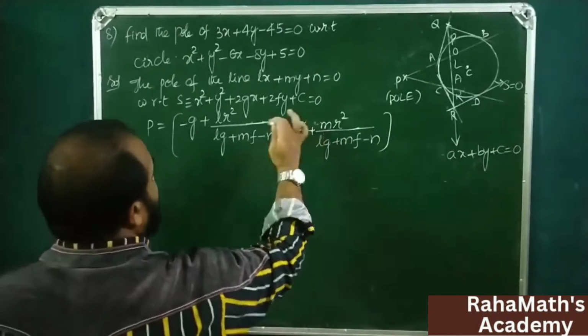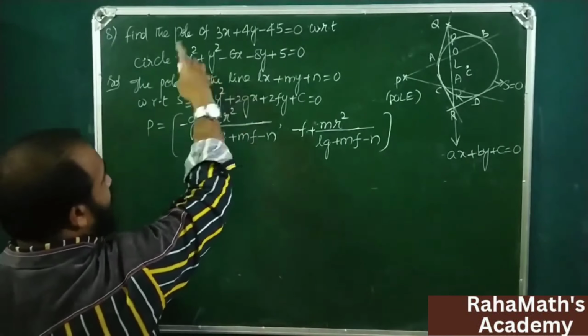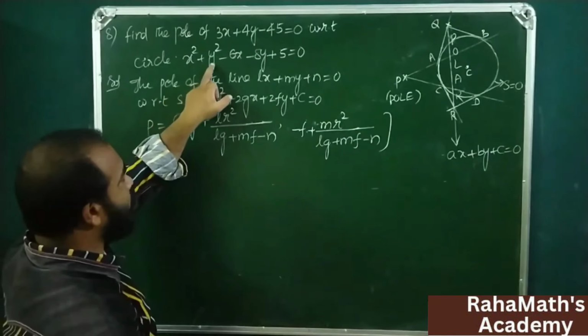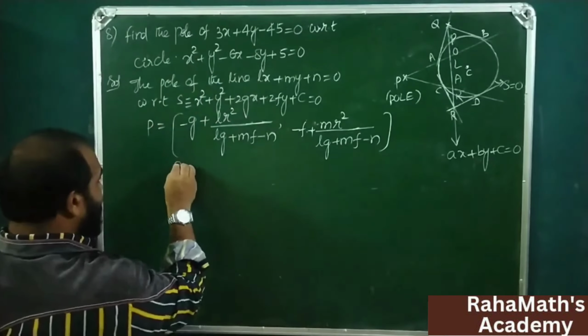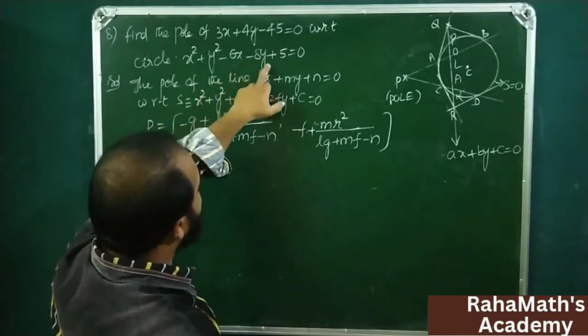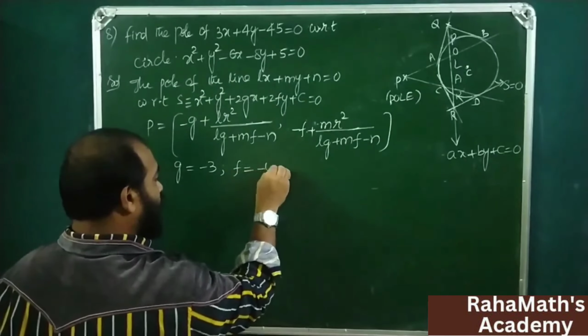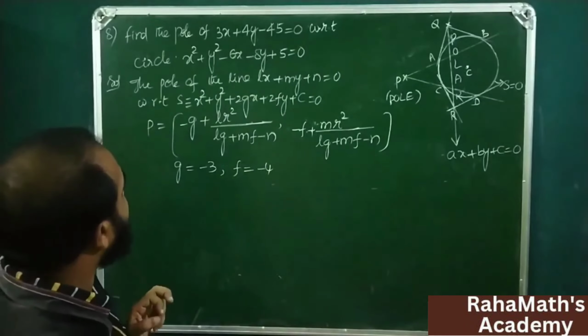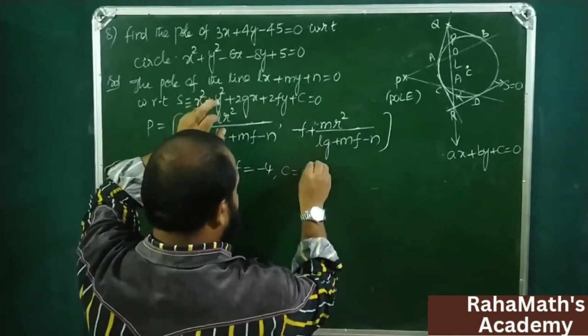So here, if you compare this with the general equation of a circle, x square plus y square plus 2gx, 2g equals minus 6, g equals minus 3. 2fy, 2f equals minus 8, f equals minus 4, and c value is 5.